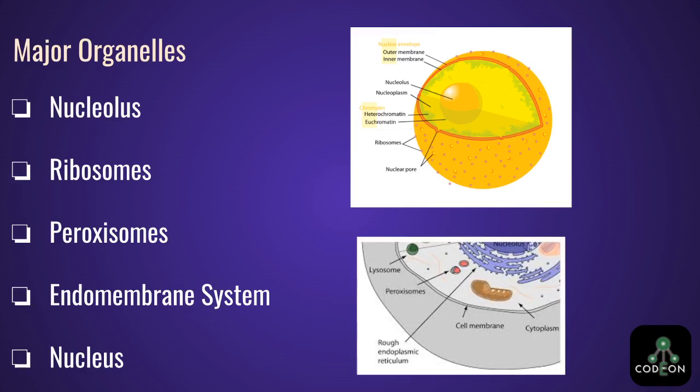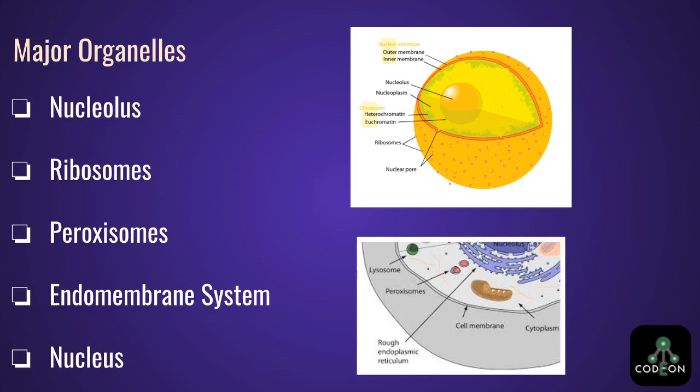So even though cells are very small, some of the cells still have, as I said before, major membrane-bound organelles. Now, we're going to touch upon a lot of these organelles really briefly. So the first one being the nucleolus. The nucleolus is easily, sometimes, mistaken for the nucleus, but it's not the nucleus.